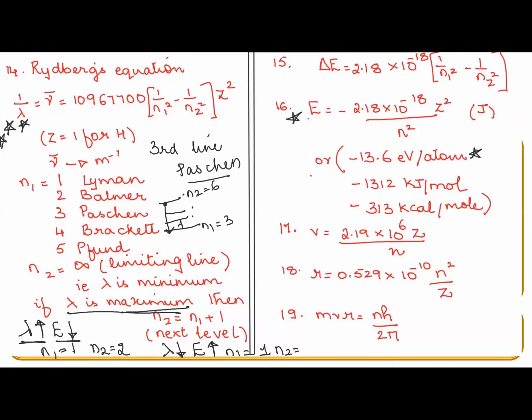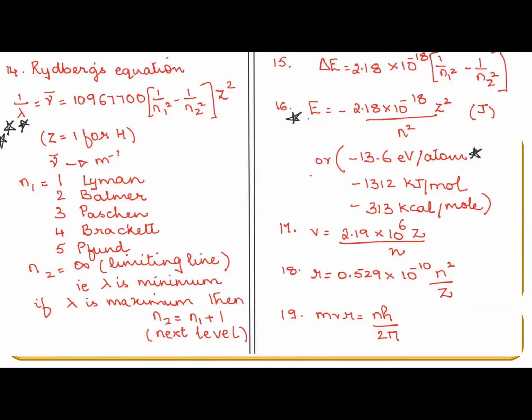But if I'm saying energy is maximum, from where will it fall? From the topmost line, right? What do we call that topmost line? Correct, it's infinity. So like this, a little bit of twists and turns can be asked. So the Rydberg equation is important. Understand it properly, how to do it.